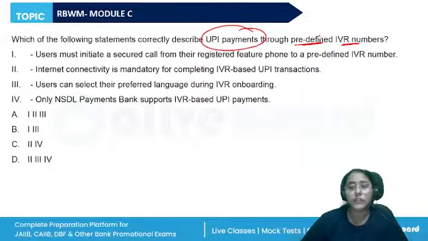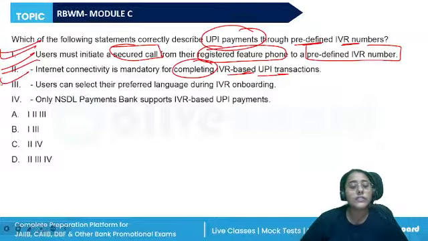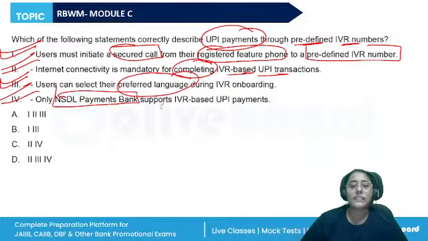So how does it work? You need to answer that. Users must initiate a secured call from their registered feature phone to a predefined IVR number. Internet connectivity is mandatory for completing the IVR based UPI transaction. The users can select their preferred language, and only the NSDL Payments Bank supports the IVR based UPI payment.